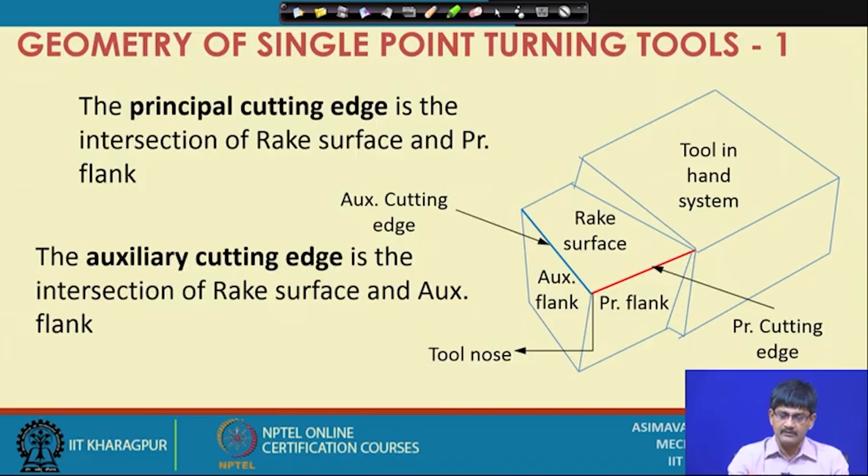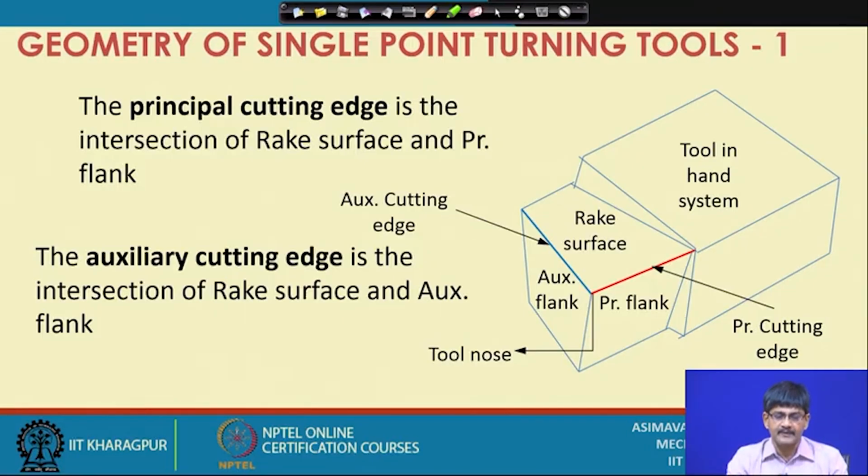In the same way, the rake surface and the auxiliary flank will also have an intersection, and that is called the auxiliary cutting edge. Why do we name these things as cutting edges? This is because they are involved in the removal of material by providing a sharp edge. Okay.